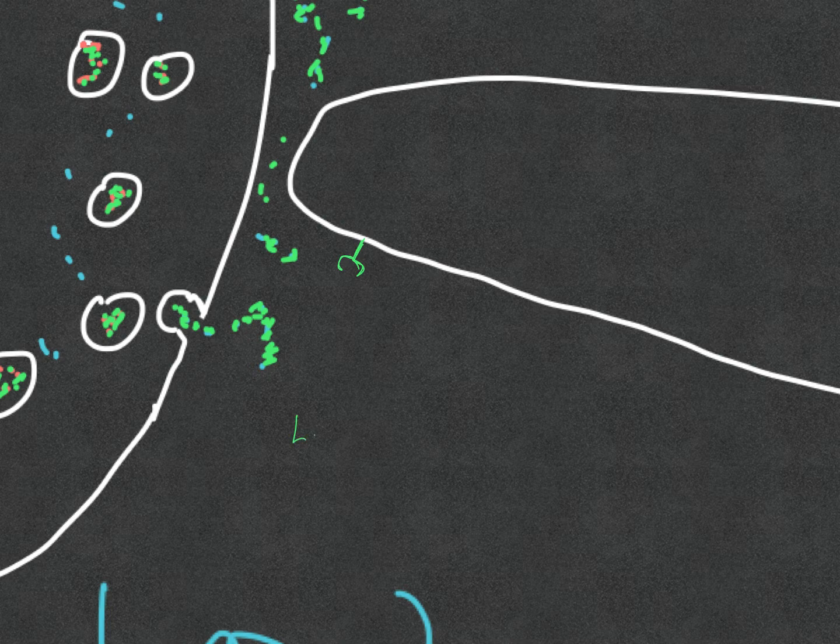We call it a ligand, in this case, the neurotransmitter. So the ligand comes and binds to the receptor.